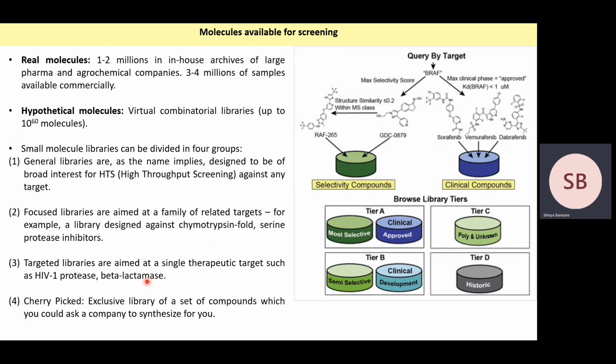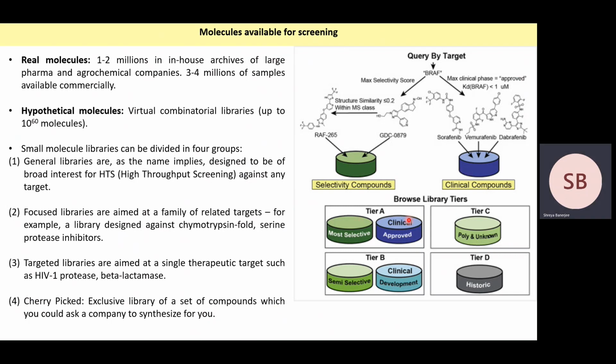Then there are targeted libraries aimed at a single therapeutic target, such as HIV-1 protease or beta-lactamase. And finally, there are cherry-picked libraries, which is basically an exclusive library of a set of compounds, which we can ask a company to synthesize for us.